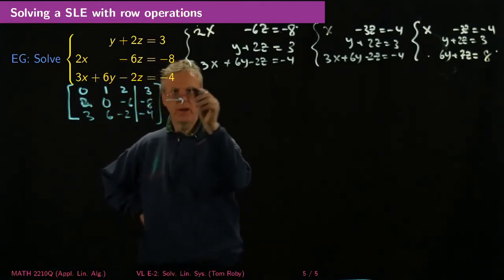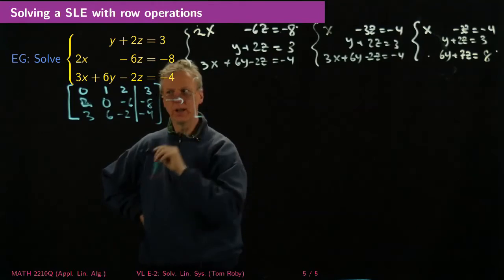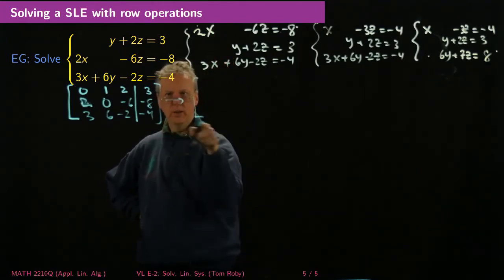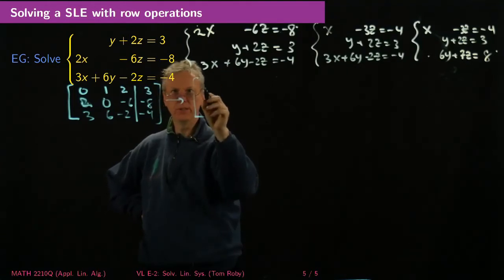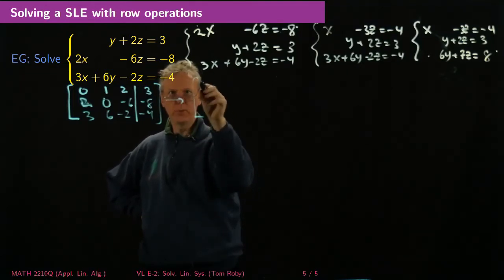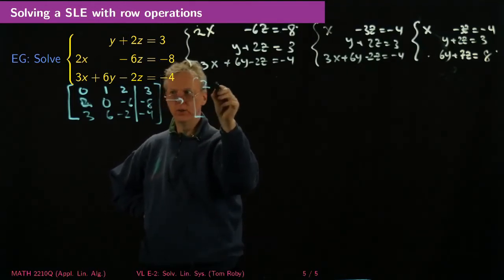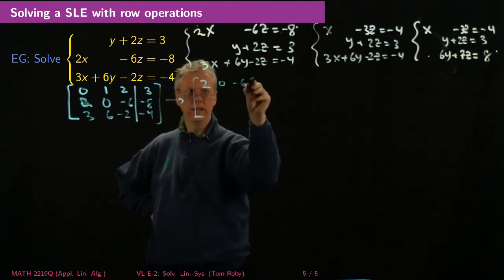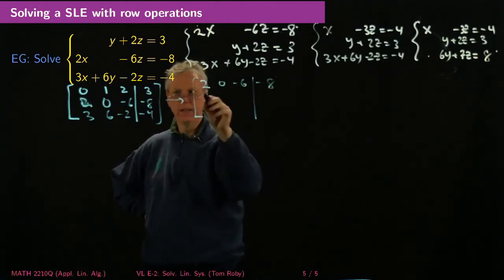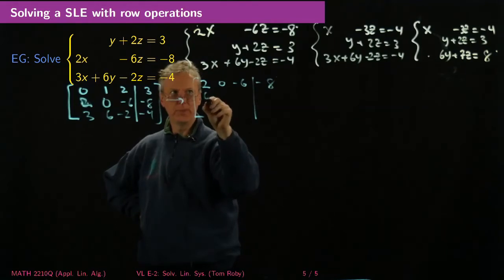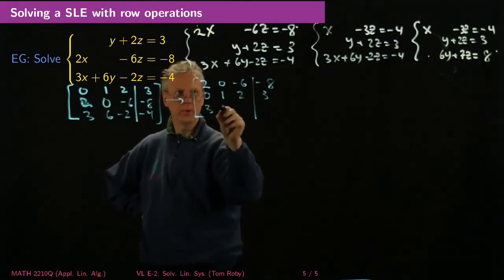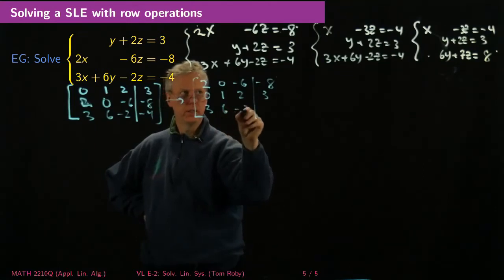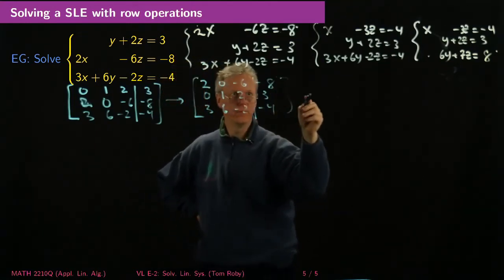And now I can think about these row operations that I'm doing as just happening at the level of the coefficients, right? Everything that I do to these equations is just happening to the coefficients. So now when I swap the rows, well, I got 2, 0, -6, -8. And then I got, notice this takes a little less space to write, 0, 1, 2, 3, and 3, 6, minus 2, minus 4.